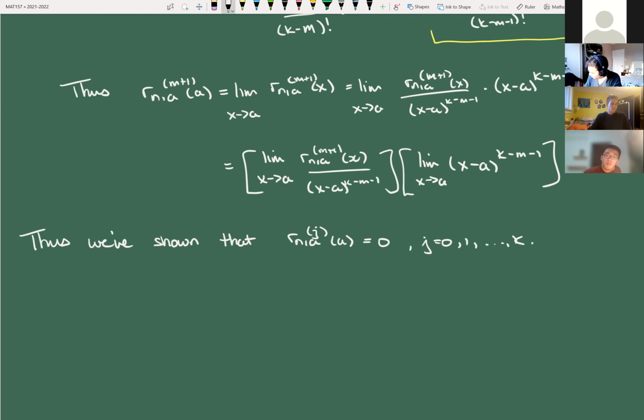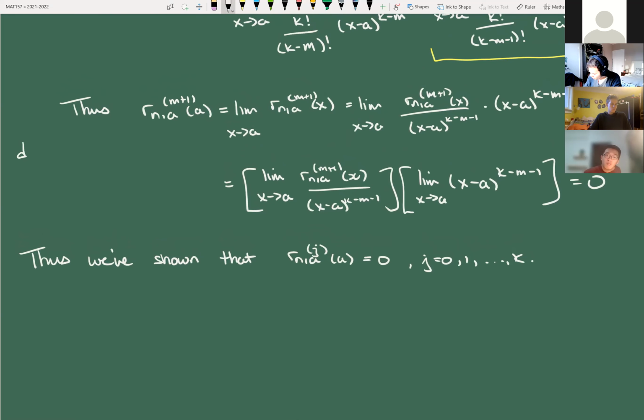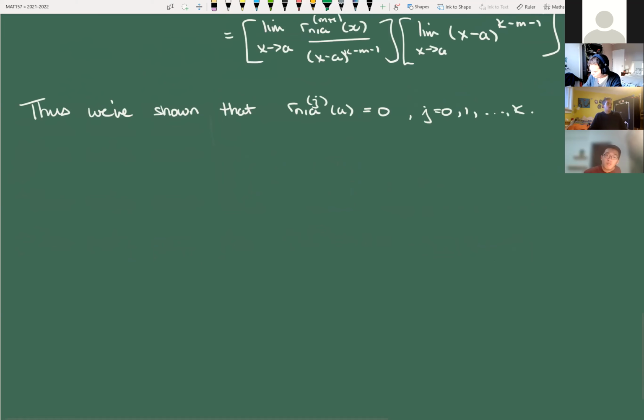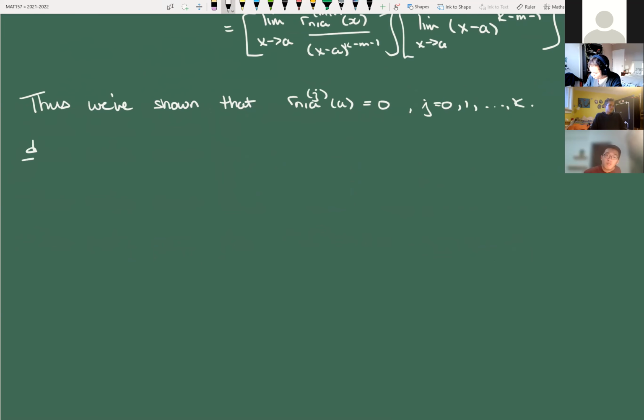So let's think about it. If I took, let's do this over here, let's say I took 3 derivatives of (x minus a) to the k. What do I get? I get k, k minus 1, k minus 2, times (x minus a) to the k minus 3, right?